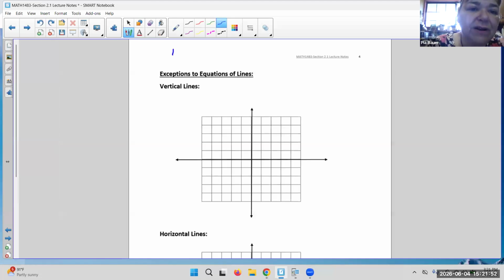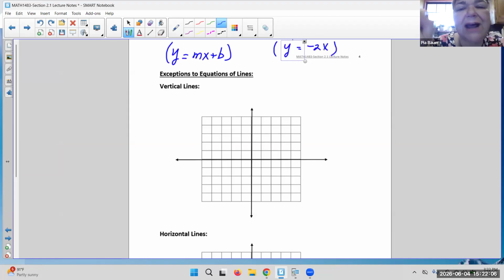The equation of a line is y equals mx plus b. Sometimes the b might be missing. So you may have something like y equals -2x. That will still be a line, a slanted line. However, there are times when you only have x or you only have y.